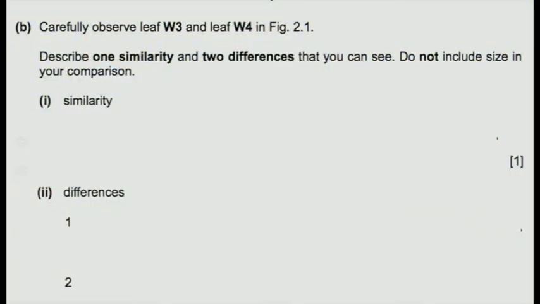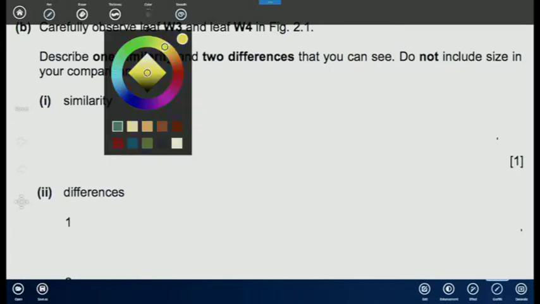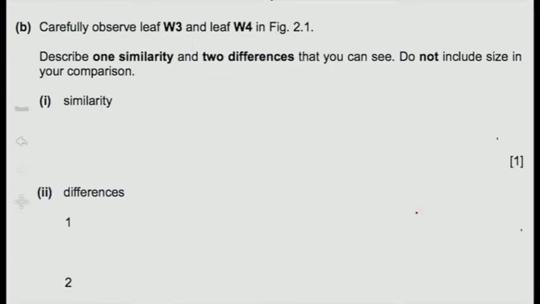Carefully observe leaf W3. We have already done that. And W4 in figure 2.1. We have done that. Describe one similarity and two differences that you can see. Do not include size in your comparison.